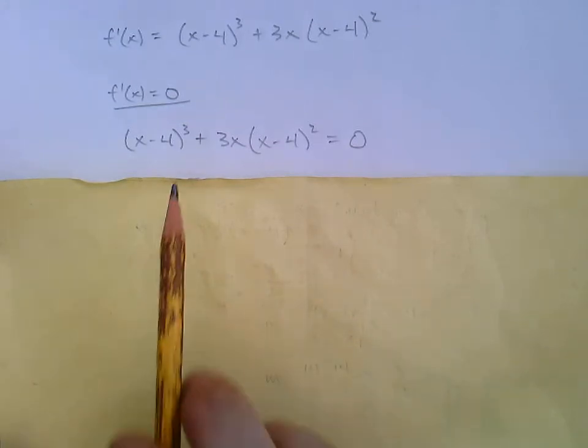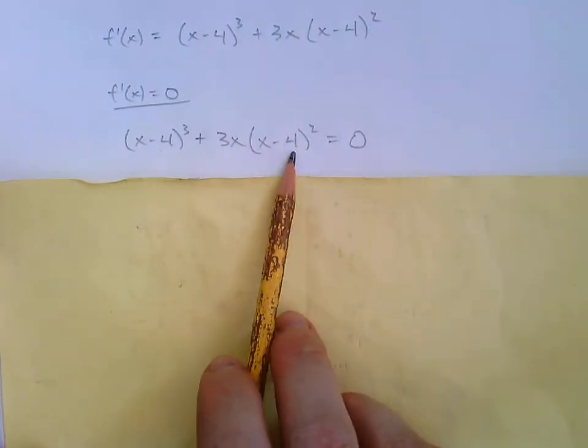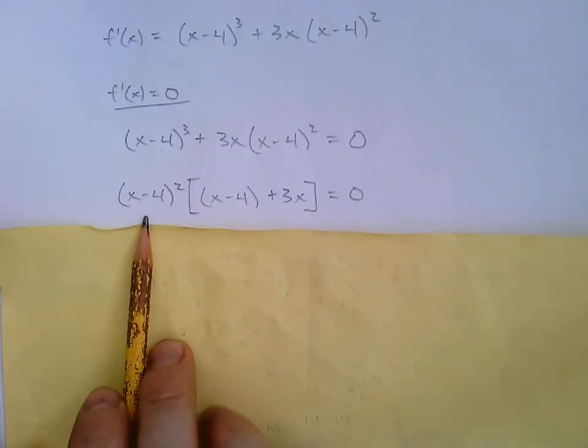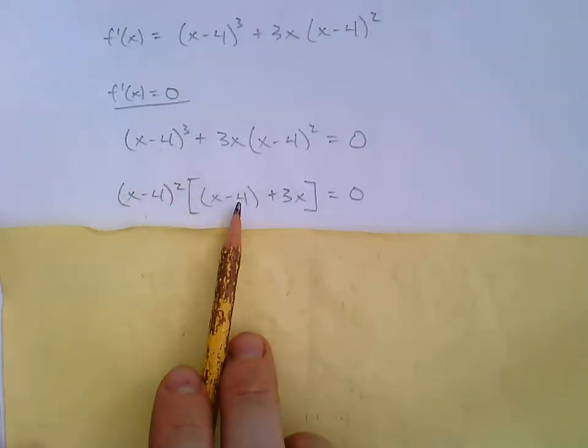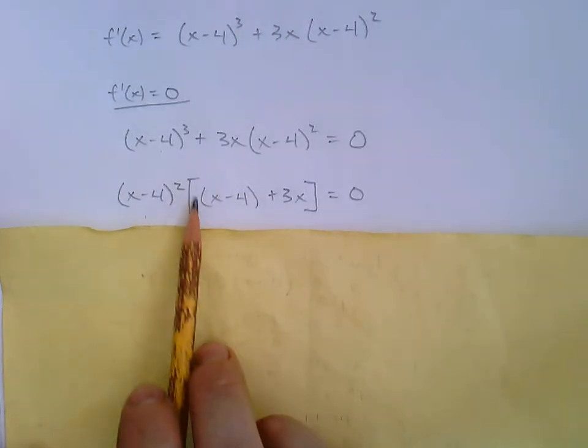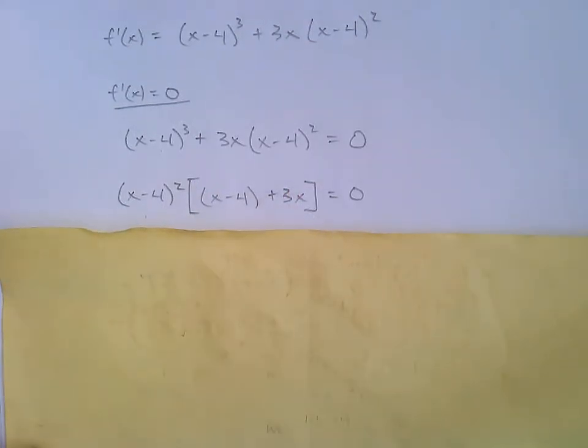Just do it now. What do these have in common? They have x minus 4 squared in common. Factor that out. This one still has an x minus 4 to the first. This one has plus 3x. I like to throw these big brackets on to really make it obvious. Factor it right then.